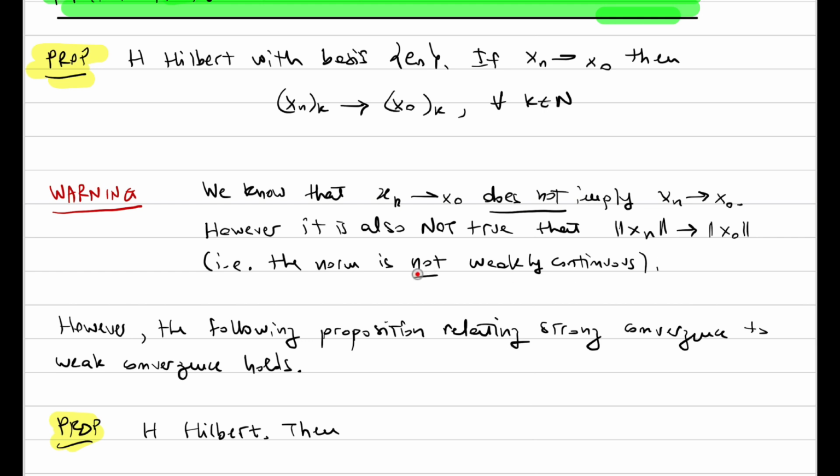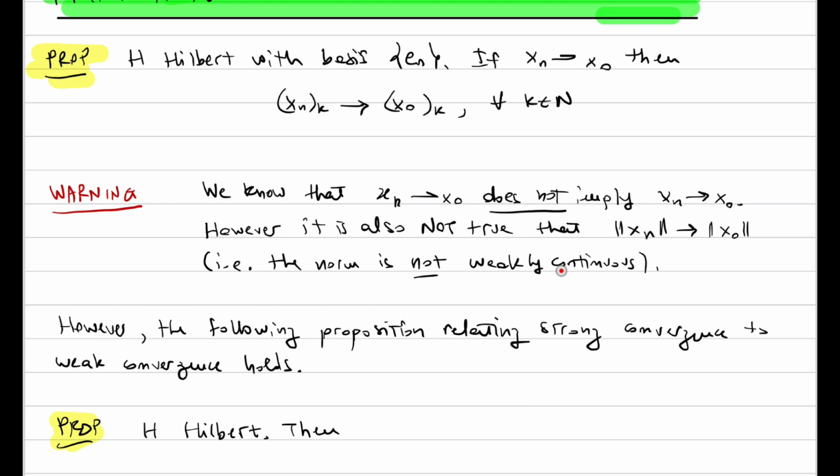So the norm is not sequentially weakly continuous. What we saw last time is that the norm is always sequentially lower semi-continuous with respect to weak convergence. So you cannot expect also upper semi-continuity in general.